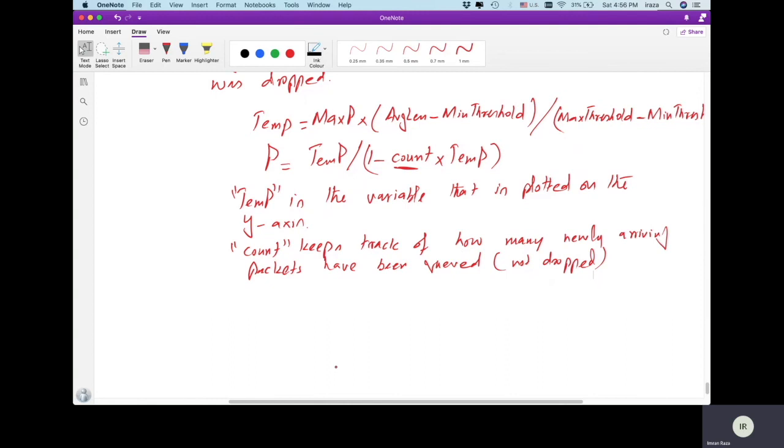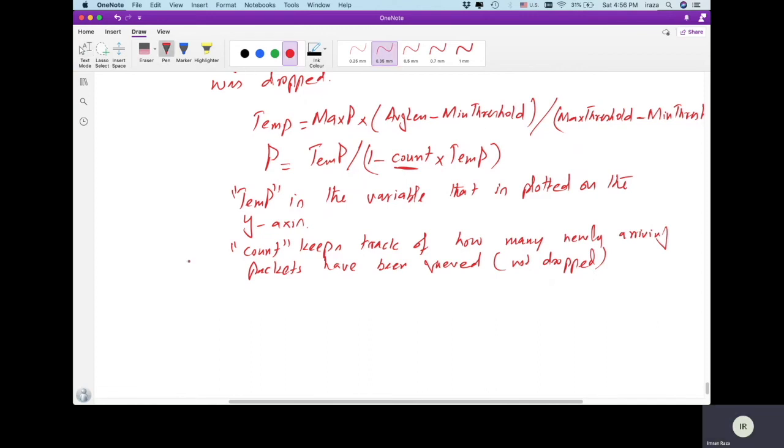So P obviously increases slowly as the count increases, thereby making a drop increasingly likely as the time since the last packet drop increases.